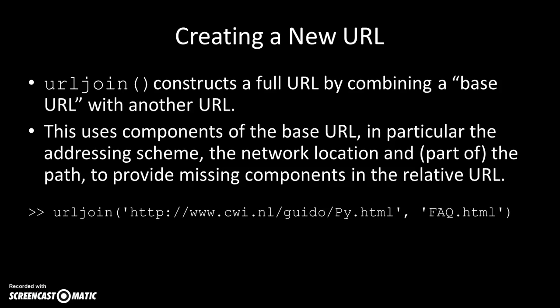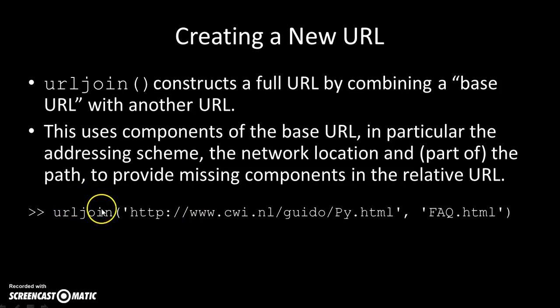What urljoin does is, if I have a web address of a particular kind, and let's say there's a web page about Python, and then I know on the same site, if there's a page on Python, there's probably going to be an FAQ page, a contact us page, a home page.